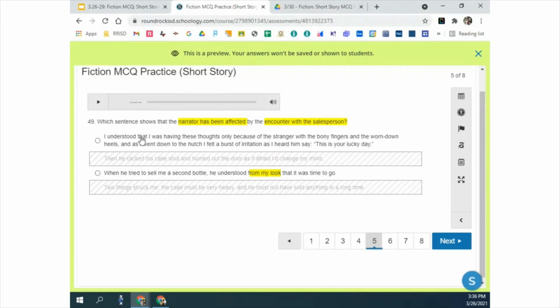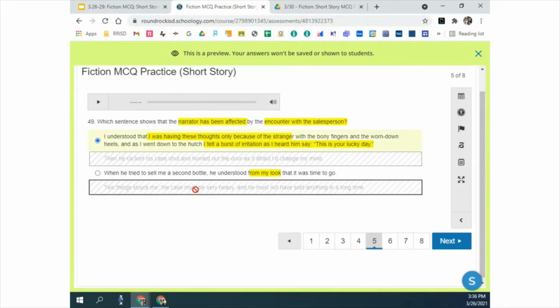When I look at this, I was having these thoughts only because of the stranger. And then I felt a burst of irritation as I heard him say this. Like, look how much of that is showing his reaction to this person. Whereas this is just the interaction that they have. But this one is stronger. And so that's why this one's the correct answer.